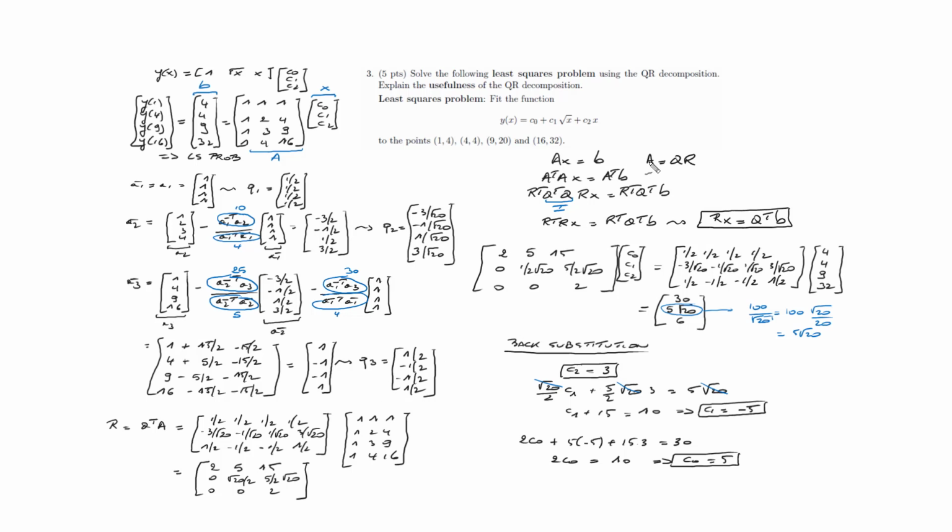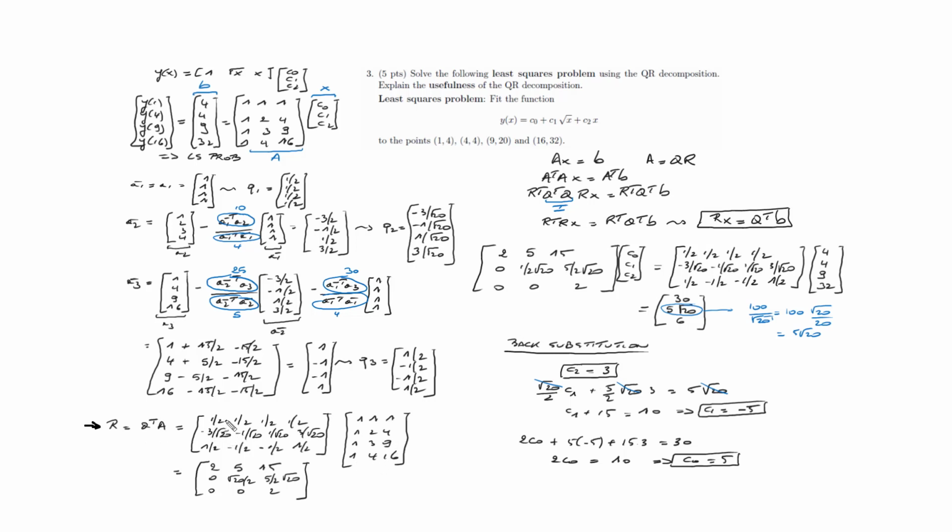We know that A is equal to QR. If you left multiply by Q transpose, what you will have on this side is Q transpose Q, but since Q is orthogonal, Q transpose Q is an identity matrix. So to compute R, what you simply have to do is compute Q transpose A. Here you have A, and this is indeed Q transpose.